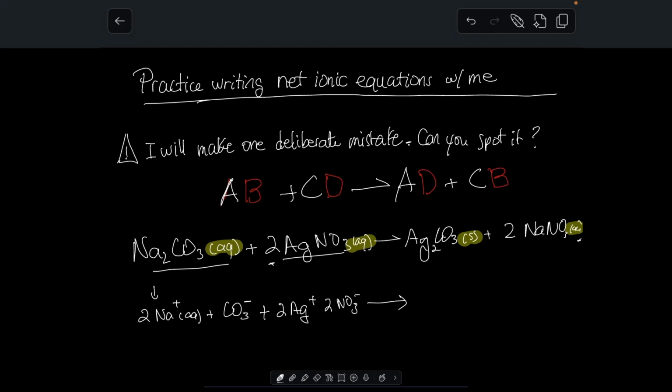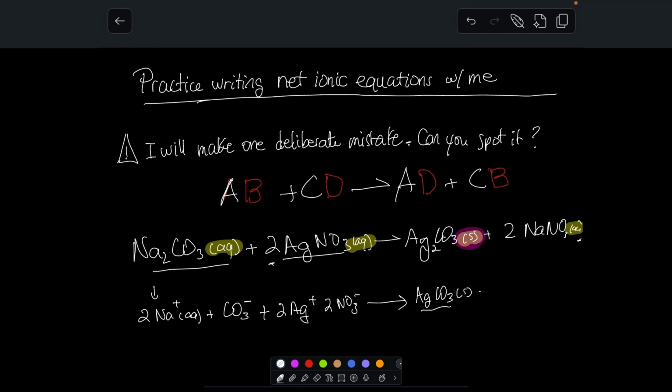As they come together, what you will see is that because Ag2CO3, silver carbonate, is a solid, therefore it has to stay together. You cannot break it apart. So this one will stay Ag2CO3 solid. It will stay together.